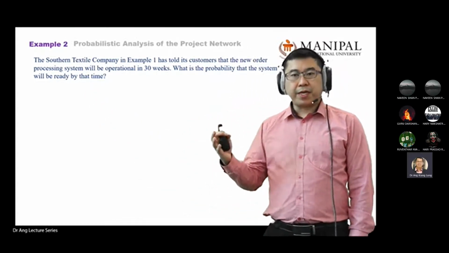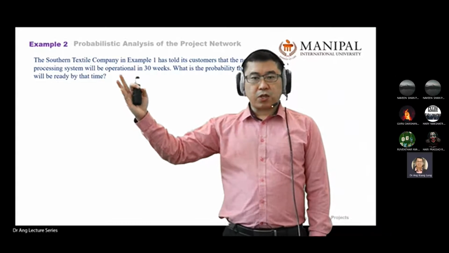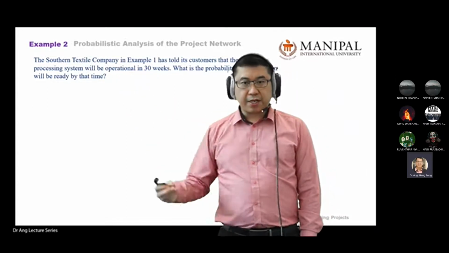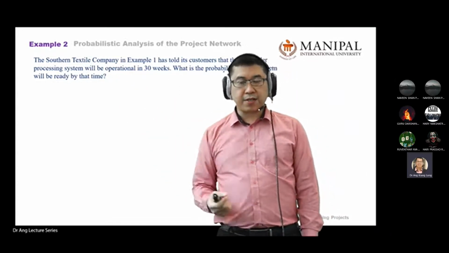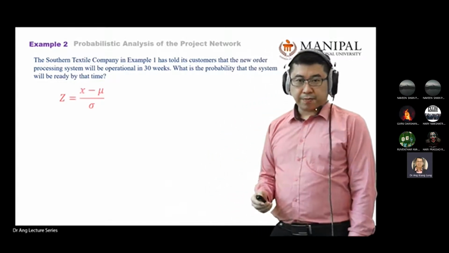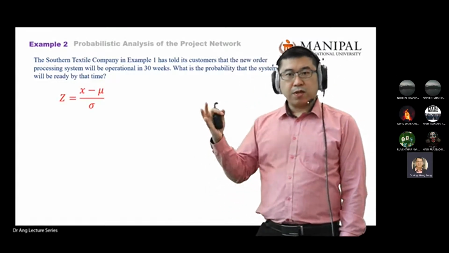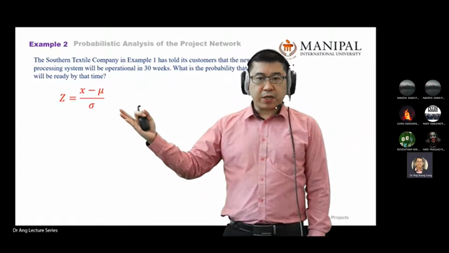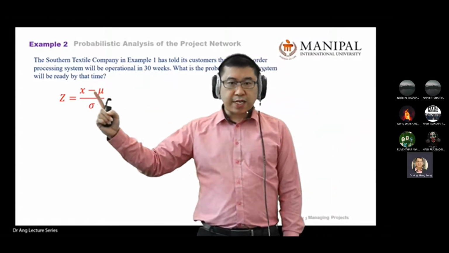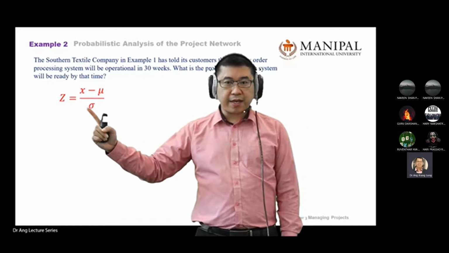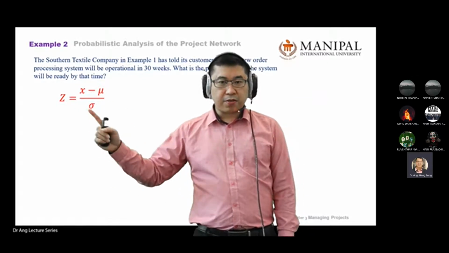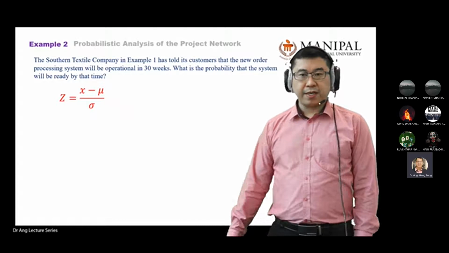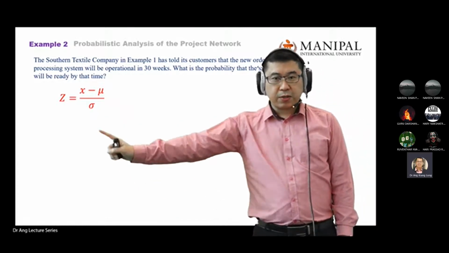From these statements, you use the previous data to do some statistical analysis. Recall, when the question asks about probability, you use the equation z equals x minus mu divided by sigma, which is your standard deviation, without the square.